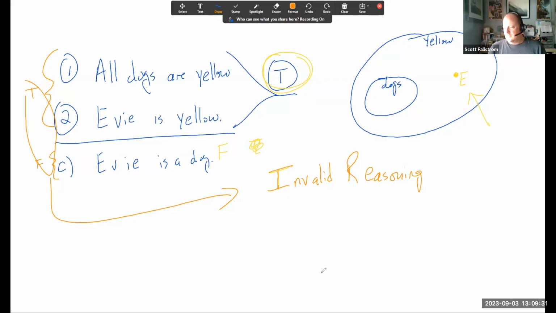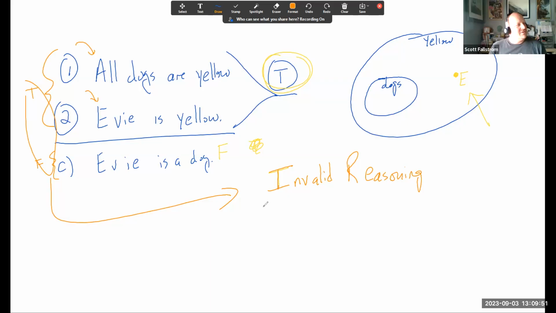Now, that doesn't necessarily mean that your statements up here are true. The statement, all dogs are yellow, is not a true statement. You could give me a counterexample by finding a dog that is yellow.